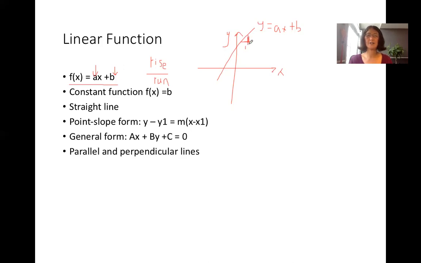This is rise over run. Rise is vertical here, run is here. When x equals 1 unit, the change in y is the slope, a. And the intercept b is where this line intersects the y-axis, from here to here, that is b.